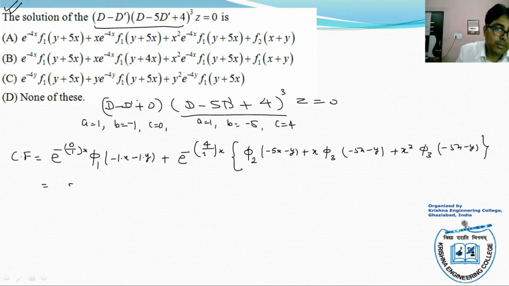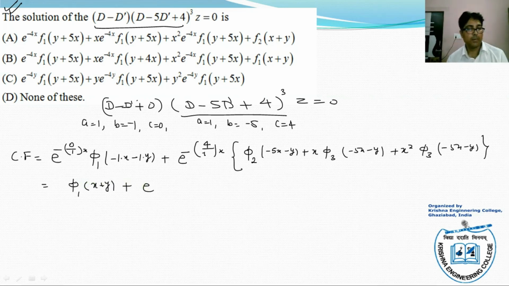This is phi 1, and phi 1, phi 2, phi 3 are arbitrary functions. It may be an even function or an odd function. So we take it as an even function; in the whole partial differential equation we treat the arbitrary function as an even function. Clear?